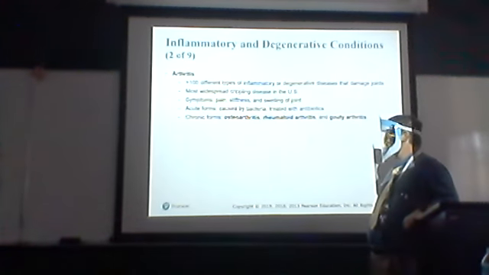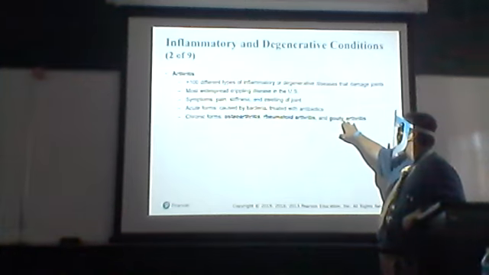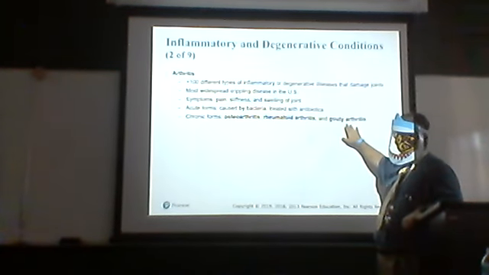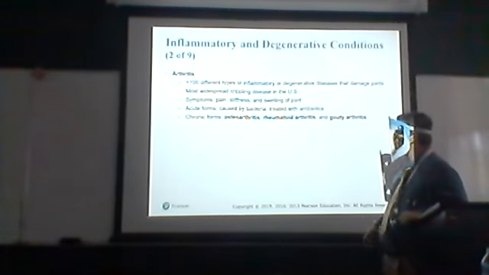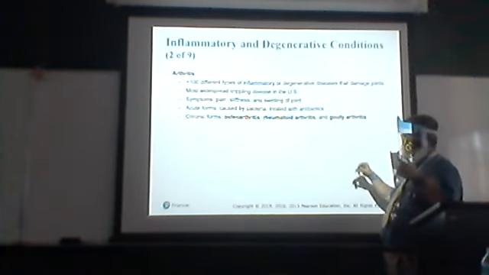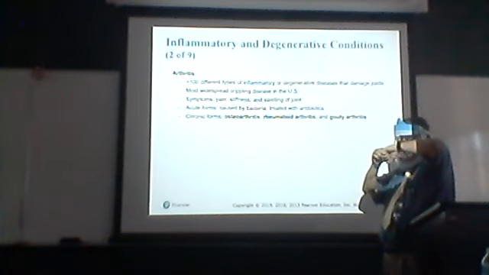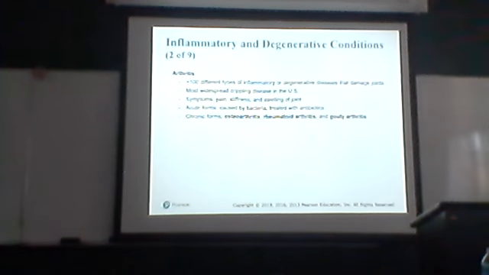Osteoarthritis, that's bone degeneration. Gouty, that's a buildup of crystals, little jagged crystals from the amino acids, and those crystals will gouge and dig at the bone.